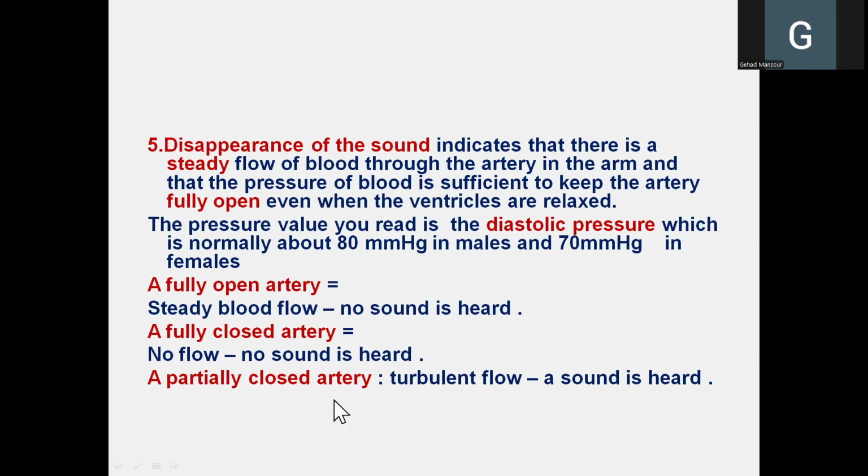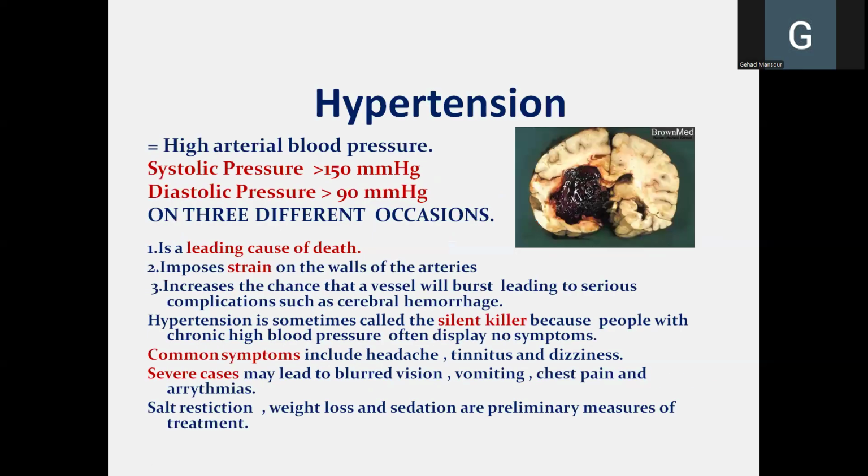If you have a partially closed artery, which is the case between 80 and 120 millimeters mercury in normal individuals, then you will have a turbulent blood flow and you will hear the sound of passage of blood in the brachial artery.